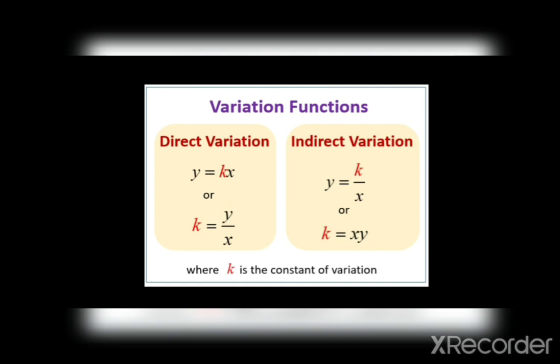Now for indirect or inverse proportion, y is equal to k by x, or constant k is equal to x into y. Here x into y is multiplication. For direct, y by x, it is division. Okay, this is the formula for direct variation and for inverse proportion.